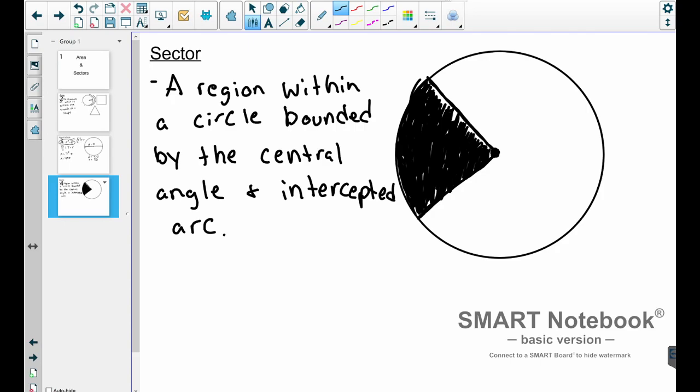So I think we kind of broke this apart already, but let's look at it again. The area, or the region within a circle bounded by the central angle and the intercepted arc, is known as a sector. So you have your central angle, that's one side, your arc is another side, and that second half of the angle there kind of bounds it in, creating its own little slice of that circle. So there are 3 major things that you need in order to find a sector.